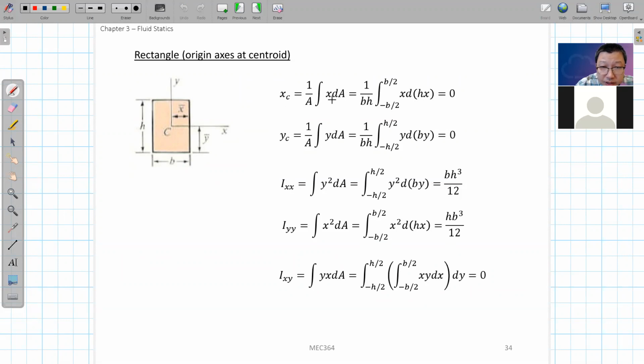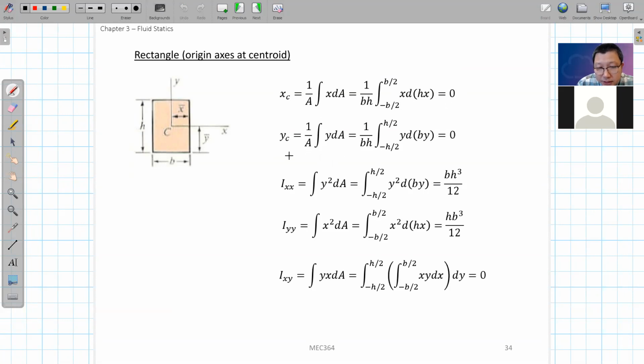Because you are integrating in the x direction, dA is equal to the overall height times the small delta x, so that will be h times dx. Do this integration, remembering that x goes from minus b over 2 to positive b over 2, and you will get x equal to 0.